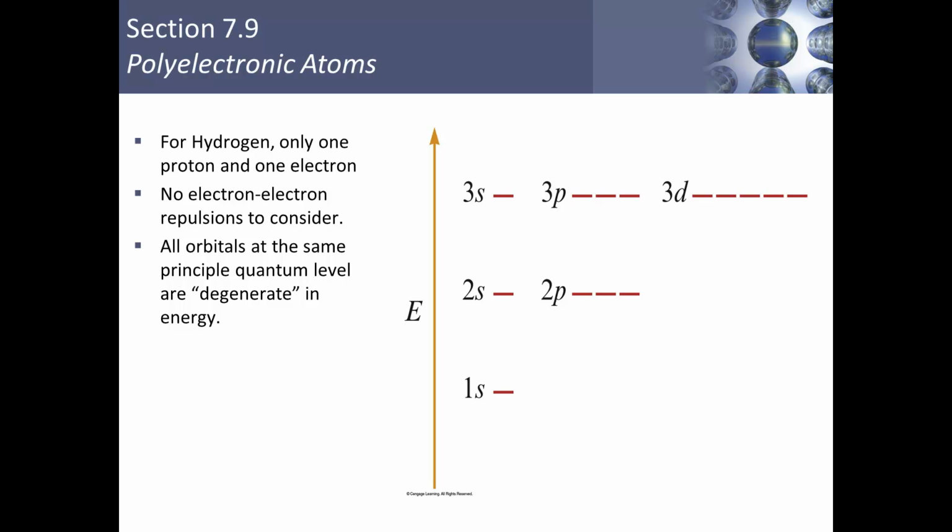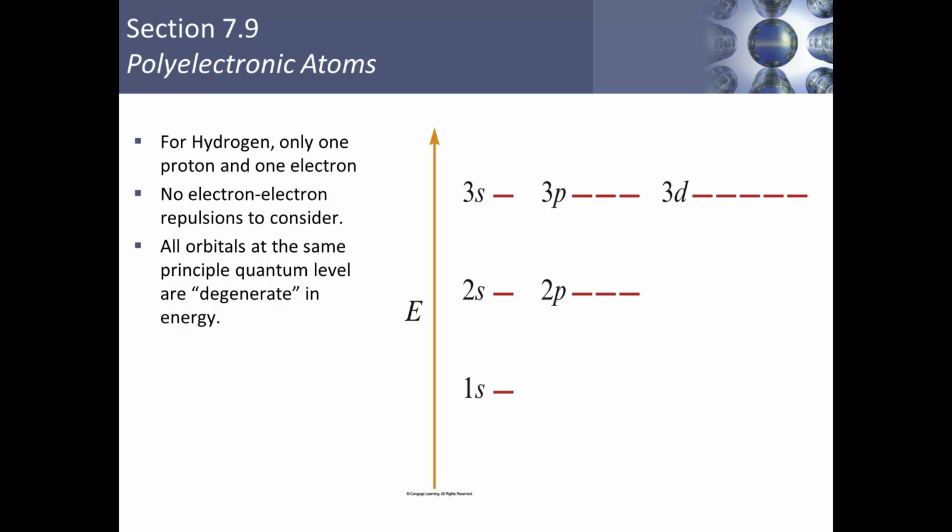Now, when we look at hydrogen, we only have one proton and one electron. We have no electron-electron repulsions to consider. So in hydrogen, as a model, all orbitals at the same principal quantum level are degenerate, or equal in energy.